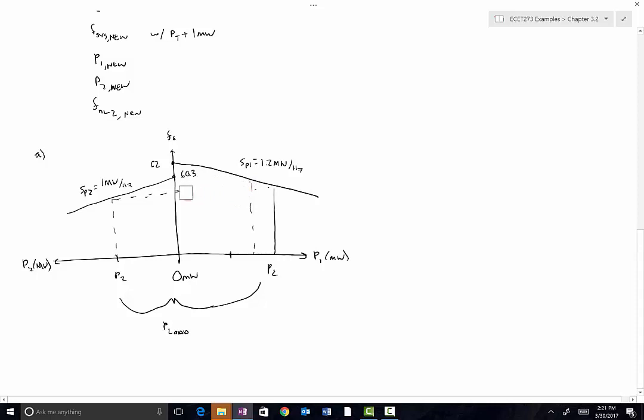It's hard to erase on this tablet, but anyway, the balance of power comes from that diagram right there. Make that a dotted line real fast. You find P2, that should be P1, and they have to have the same frequency. That's what's common amongst these generators, is the frequency right here. So this is F sys.